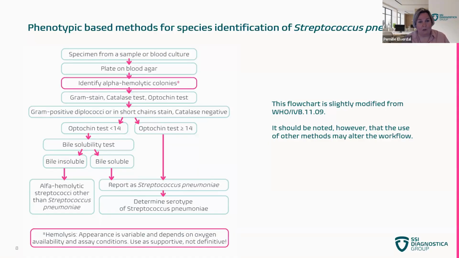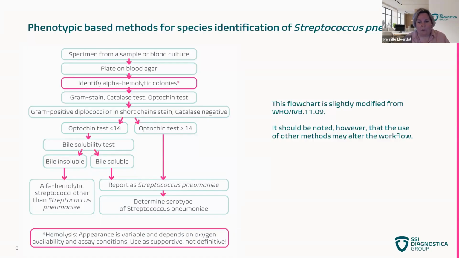If that's confirmed, that it's gram-positive bacteria and the catalase test is negative, the next step is to do the Antigen testing. And if you have an Antigen test which shows a diameter of 14 millimeters, then you report it as a Streptococcus pneumoniae. If it's below 14 millimeters, you then move on to the next step, which is bile solubility testing.